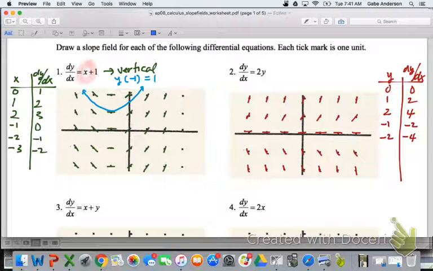This one actually ends up being an exponential growth. We're going to be looking at that in section 6.2. Exponential growth or decay. So let's say that we had the initial condition of y of 1 equals 1, something along those lines. Of course, that's that point right there. That means our solution curve would have to go through that point. It would look something like this.